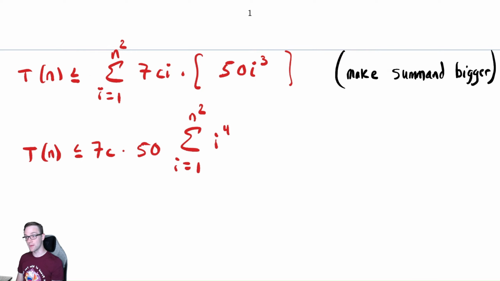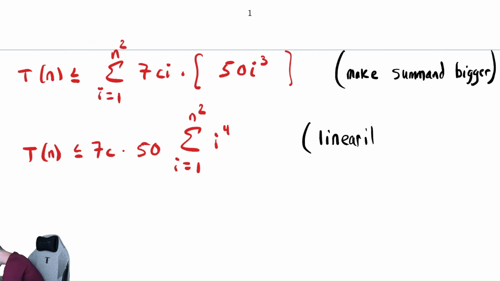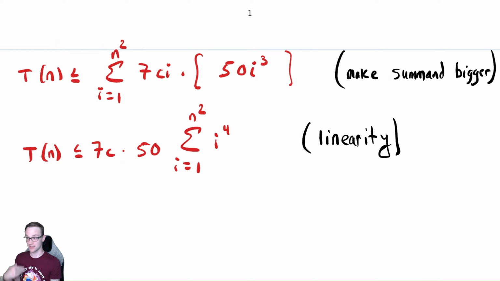And now all that remains to be done is to do the exact same steps that we did before. The step we were using there is what we call linearity. Linear operators are ones where you can distribute them across addition and subtraction and can factor constants out. The summation is a linear operator, so we can do that here. Just like an integral, just like a derivative, just like a limit, all those things you've hopefully seen in calculus, the same thing applies here.